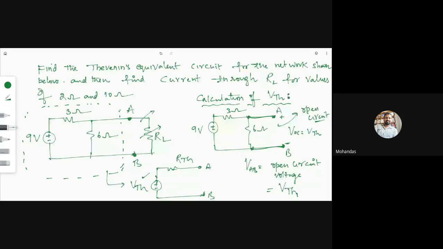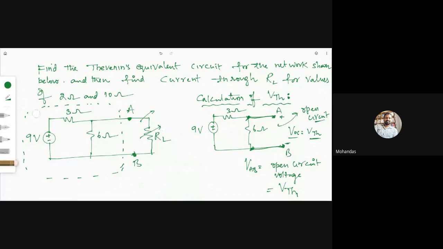What I am trying to say is that if you are able to calculate the voltage across the 6 ohm resistor, that is the same as VAB, which is the same as VOC, which is the same as V Thevenin. Now we have to calculate the voltage across the 6 ohm resistor.